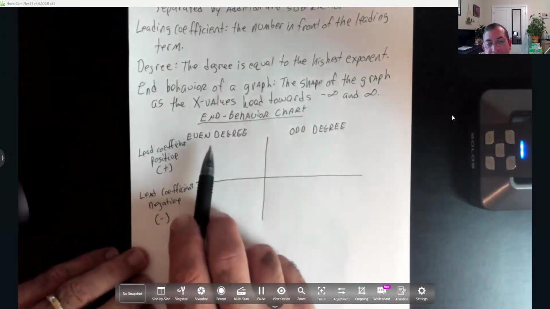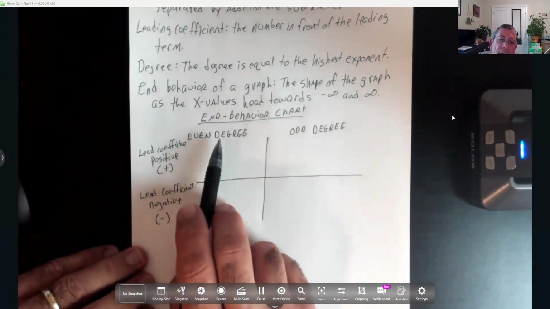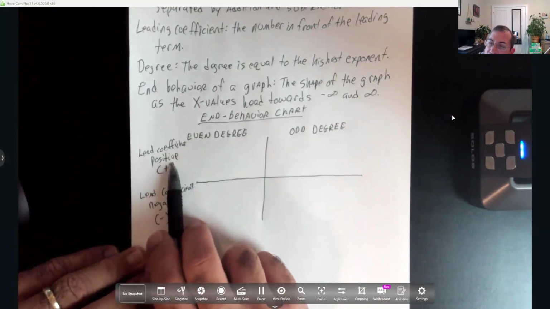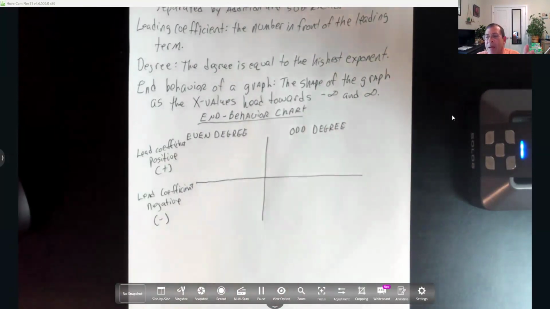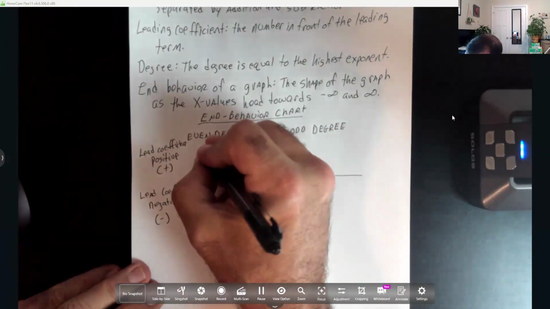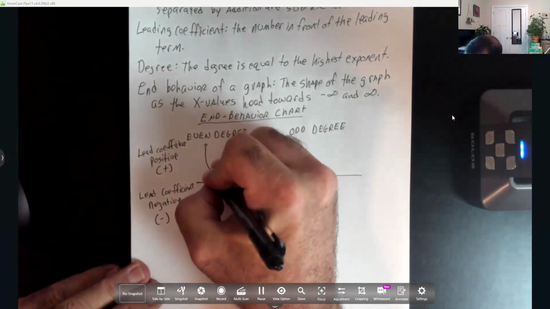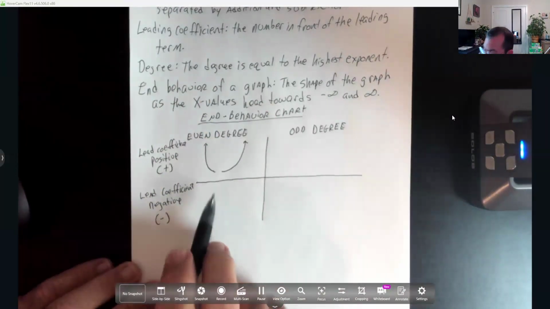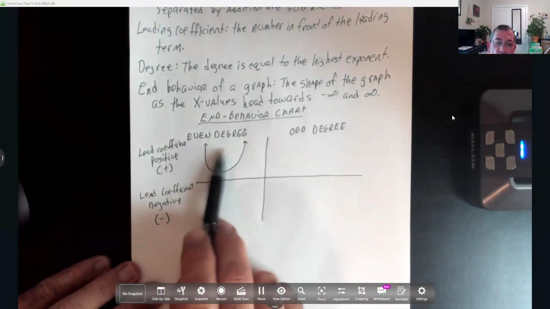So first we look at the even degrees. If you have an even degree and the lead coefficient is positive, well, that's going to be like our parabolas, right? Both ends are going to go upwards. Now, in the long run, both ends will go upwards.